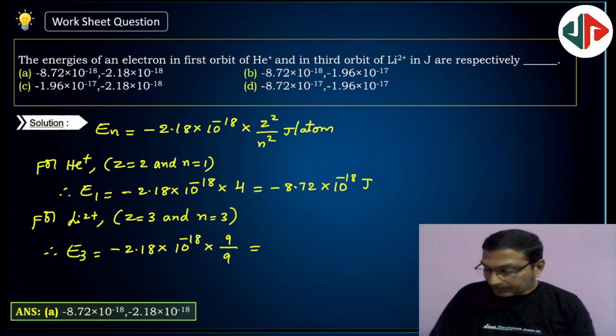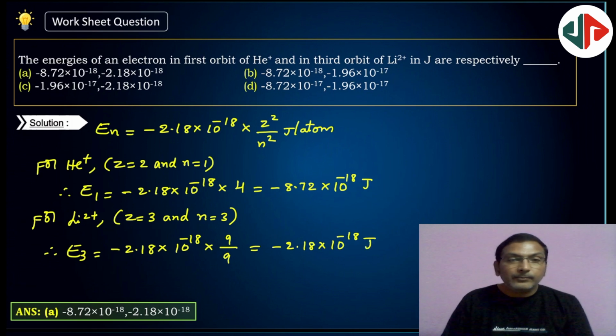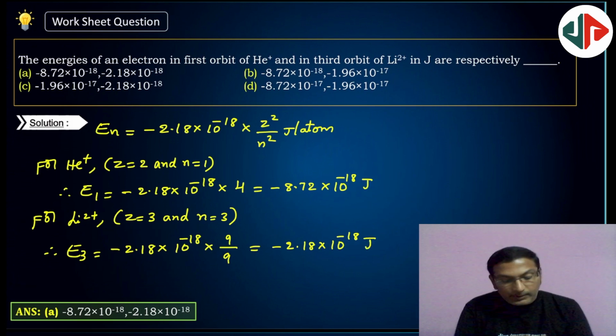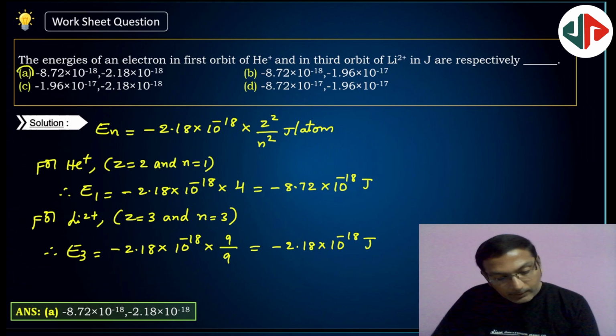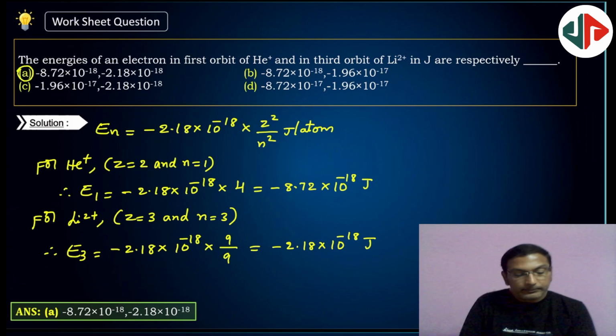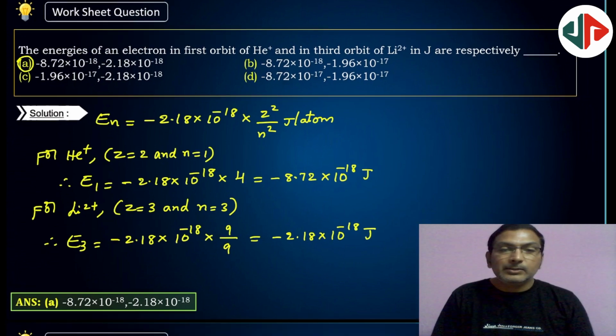So which is minus 2.18 into 10 power minus 18 joules. So here clearly option A. Remember here energy expression, energy of nth orbit. Next question.